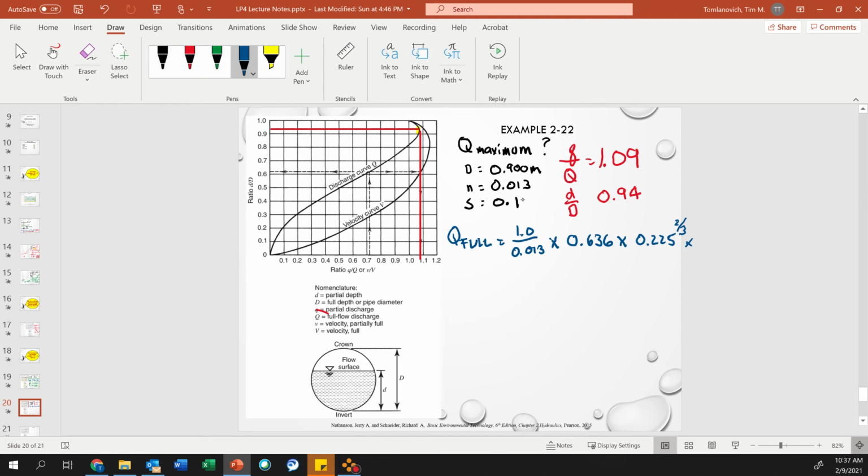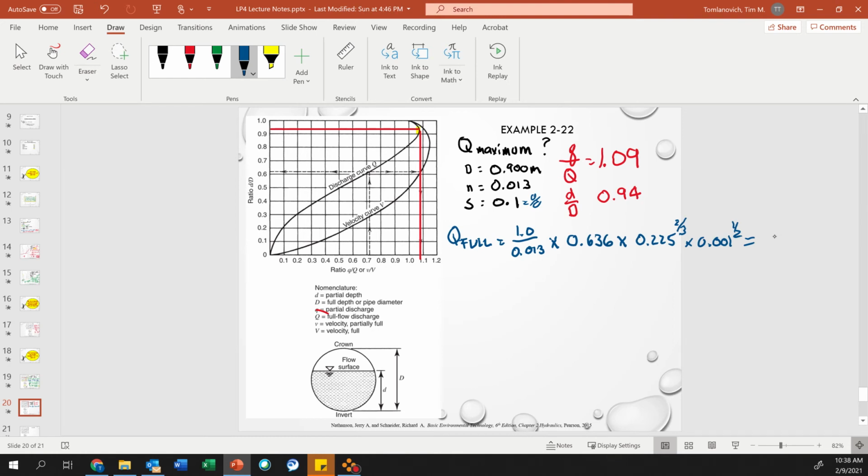Raised to the 2/3, times my slope, which was 0.1%, so that is 0.001 raised to the 1/2. So my flow is 1 divided by 0.013 times 0.636 times 0.225 raised to the 2/3 times 0.001 raised to the 0.5.